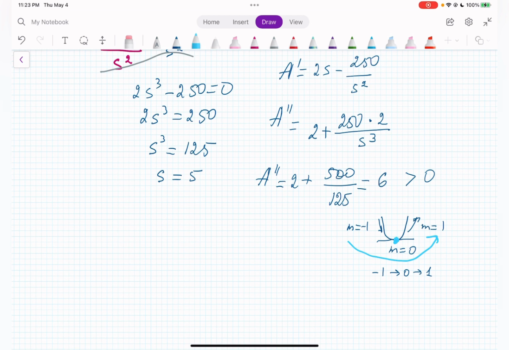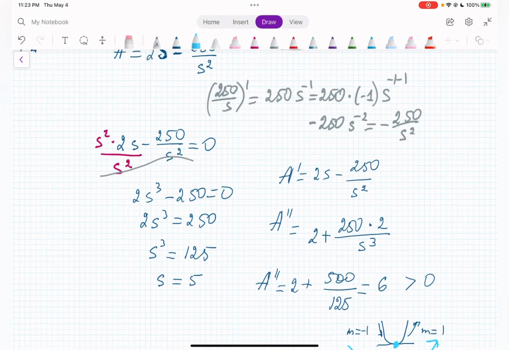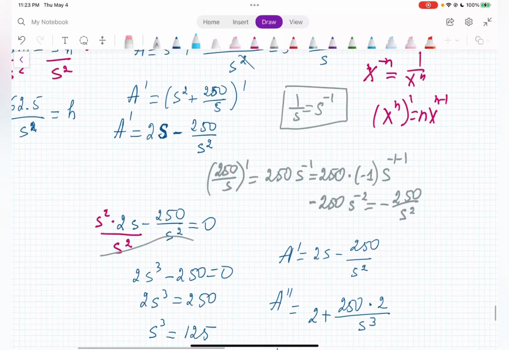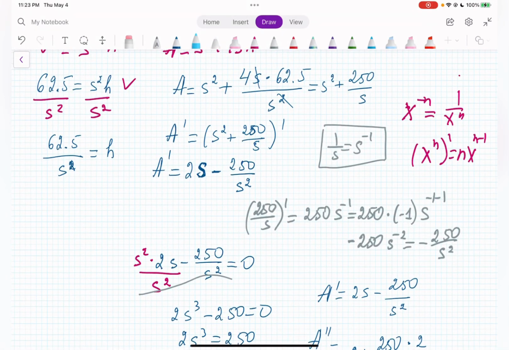So let's find our h. All we have to do now, since we know s is at the side of minimum area. So where was our h? h was here, 62.5 divided by s squared.